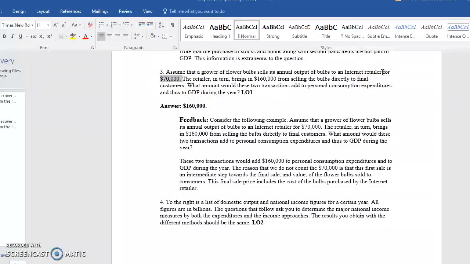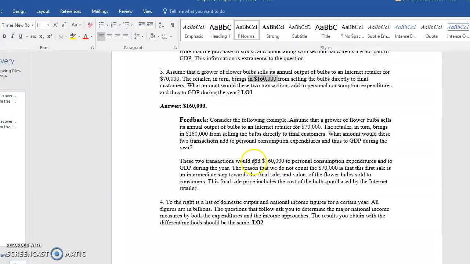This is paid by the internet retailer to the grower of flower bulbs, and that will not be included in GDP, because that $70,000 is the value of the intermediate good that the internet retailer uses to generate this $160,000 in sales to final customers.